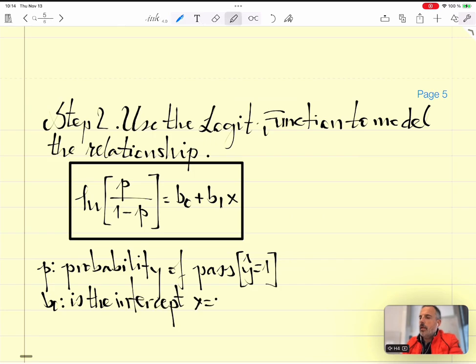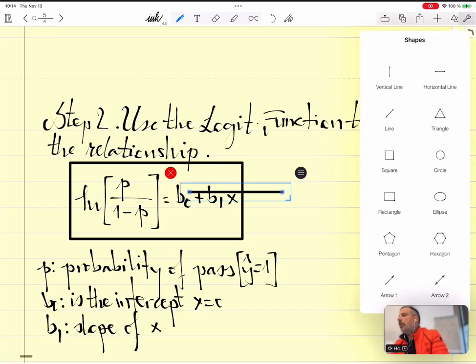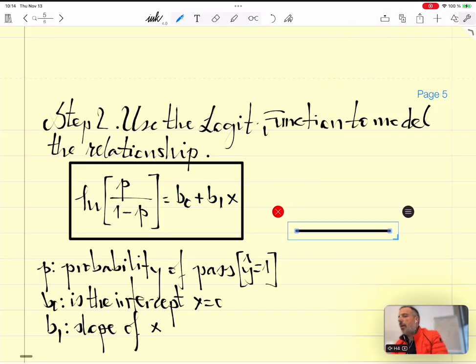For x equals 0. And B1 is the slope of the function x. So how does this look in a graphical way?